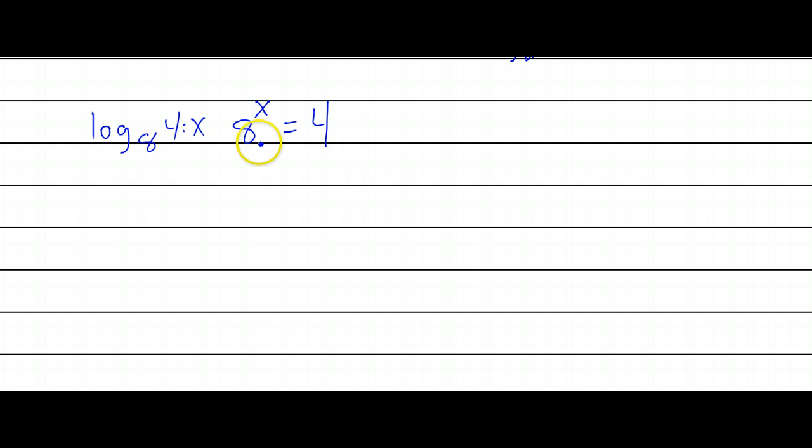So you've got to think about what these two numbers have in common. A number raised to another number is going to give me 8, and that same number raised to a different number is going to give me 4. Well, that is just 2. So 8 is 2 to the third power, and 4 is 2 squared. So we're going to go ahead and rewrite it.